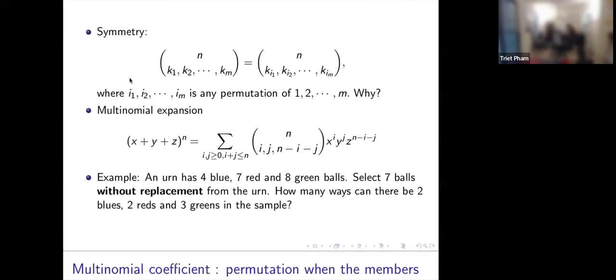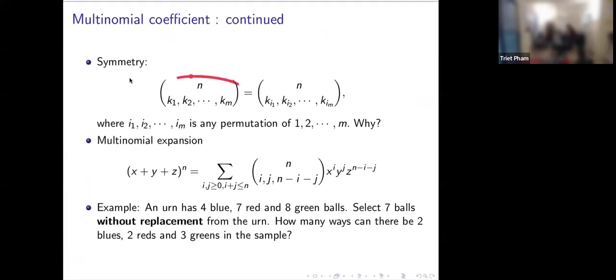And there is a symmetry here: it doesn't matter how you arrange the subgroups, the number of ways you can divide this into the subgroups is the same as long as the sizes are the same. These are any permutation of this number.